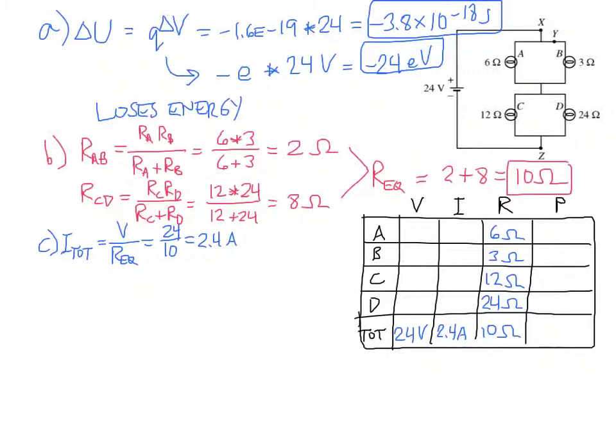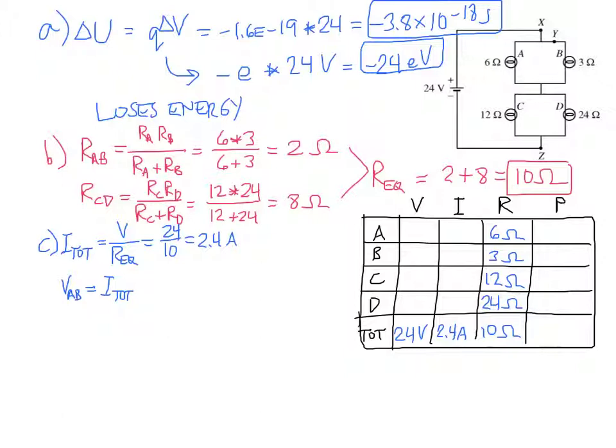So since we're focusing for part C on bulb B, because it wants the current through point Y, let's focus on the voltage across A and B. So the voltage across A and B is equal to the total current flowing through it.